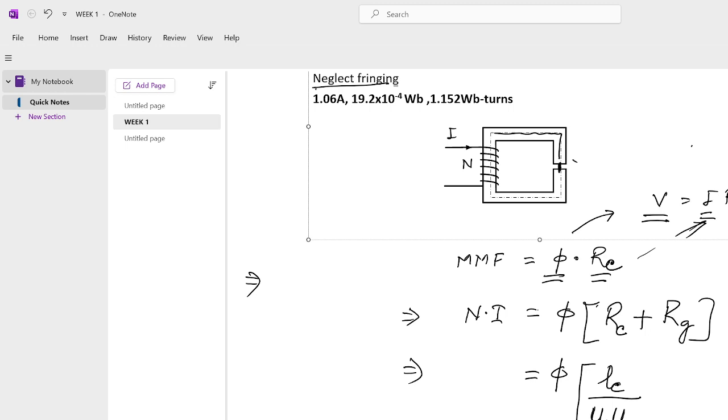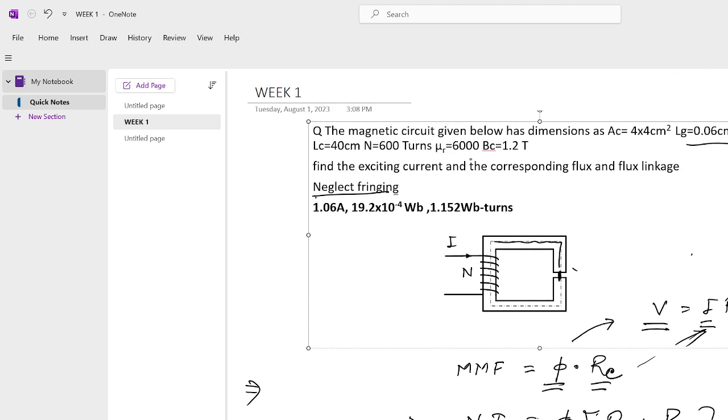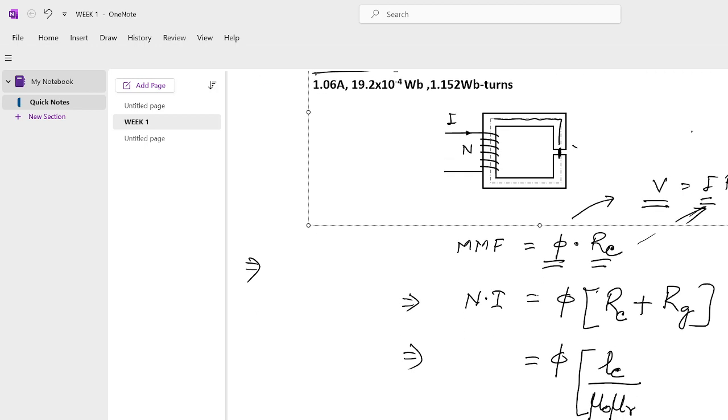You can see here it is given as 6000. Mu r of the core is given as 6000, into A. Since the air gap cross sectional area and the core cross sectional area are the same, I'll denote it by A, plus Lg upon mu naught, since mu naught is the permeability of air, into A.